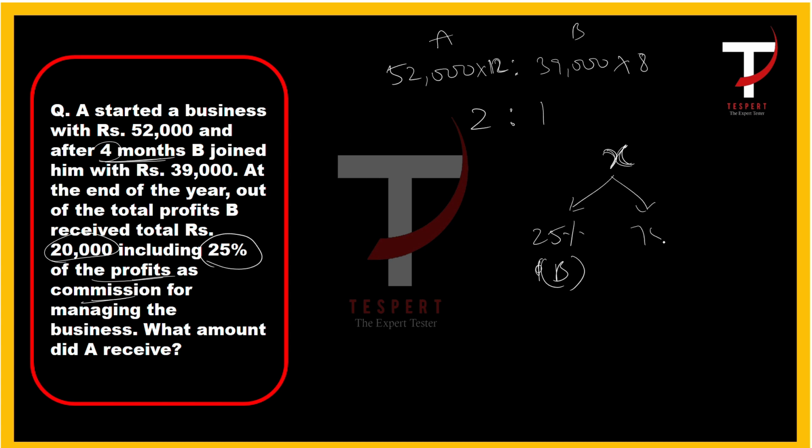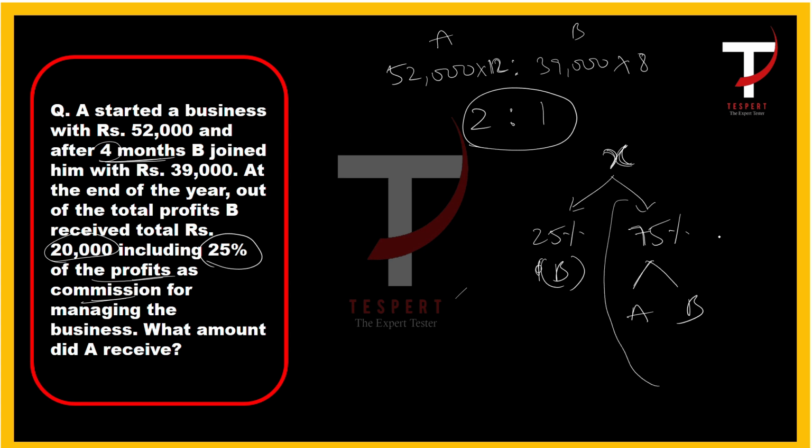What about the remaining 75% of the profit? Well, this is received by both A and B in this ratio, right? So B gets 25% as commission, leave that aside. But what about the 75%? B and A are getting 75% in the ratio 2:1.